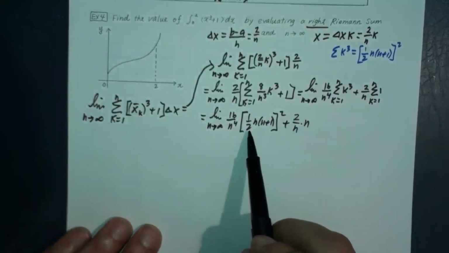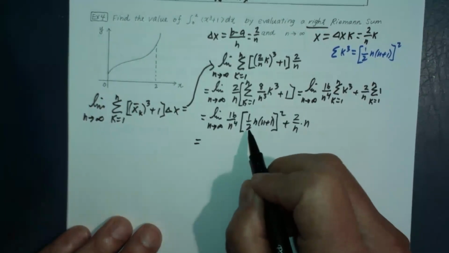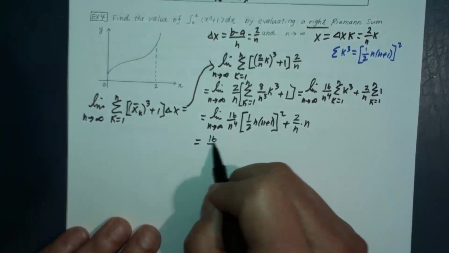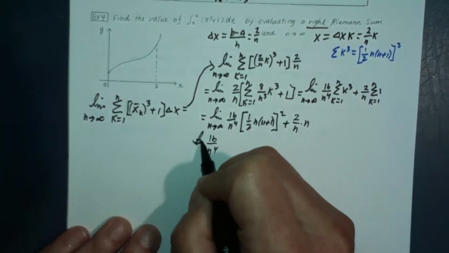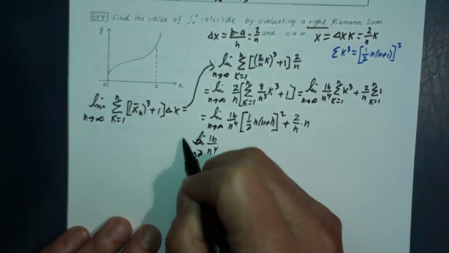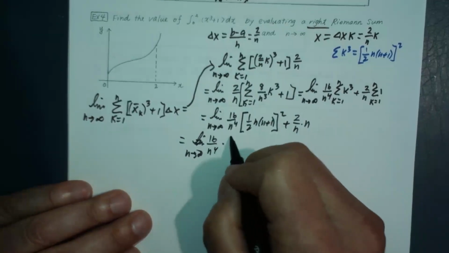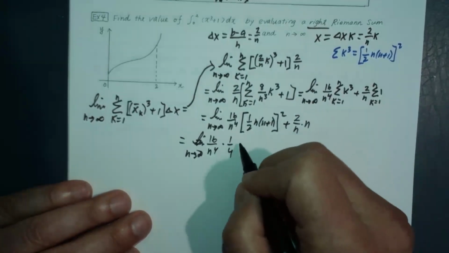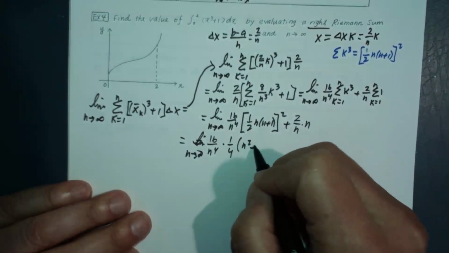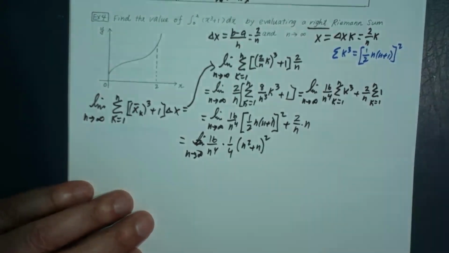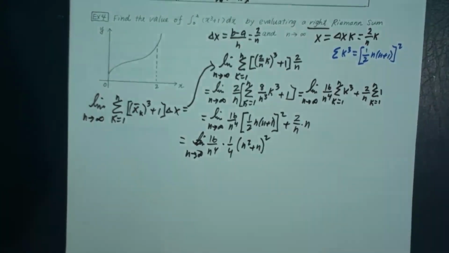That gets squared, so that becomes a 1/4. Limit, and this becomes 1/4, and then we have n squared plus n squared plus 2. The n's reduce out.